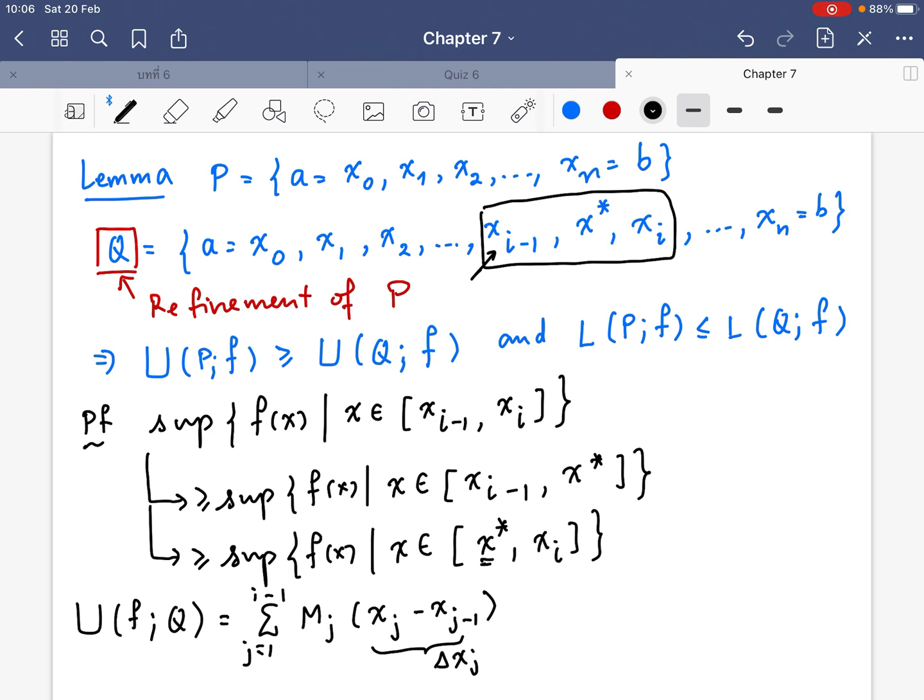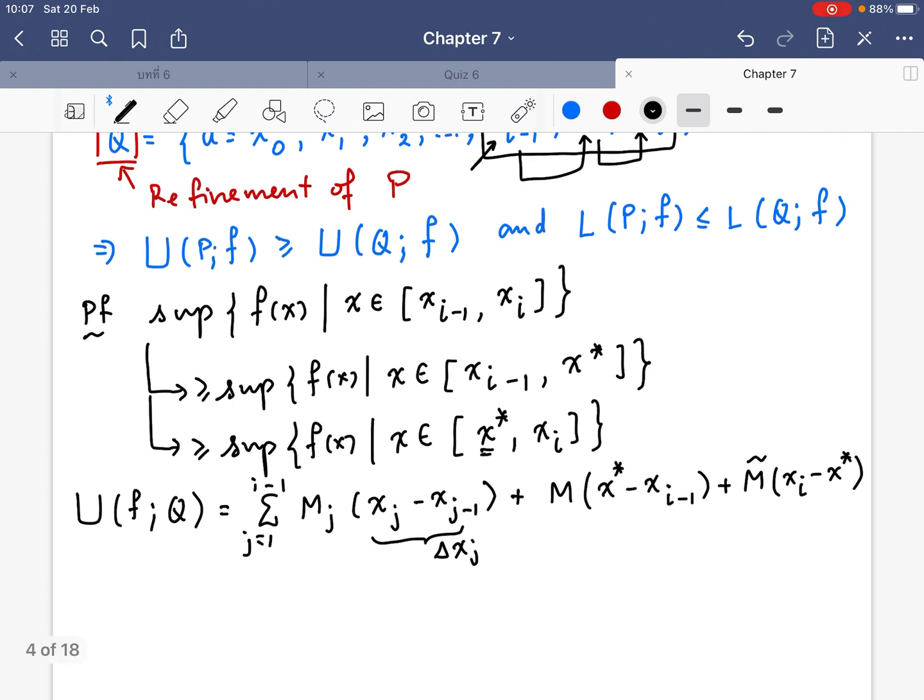Then we have M times the length of the new subinterval between x(i-1) and x star, and another one, M tilde, times the length from x star to xi, which is the next interval here.